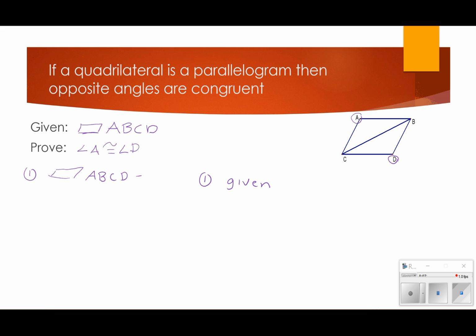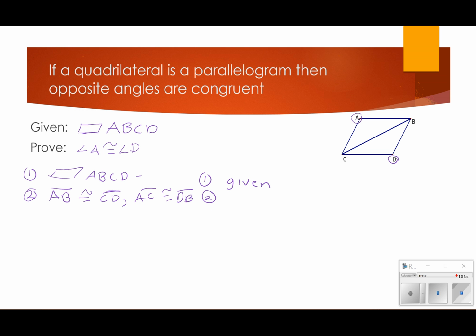Now I'm going to say that my opposite sides are congruent. So AB is congruent to CD, and AC is congruent to BD, or DB, doesn't matter the order.